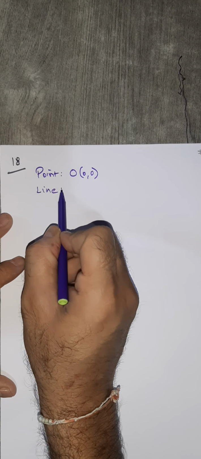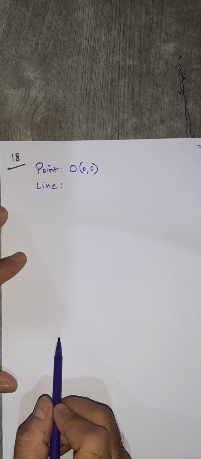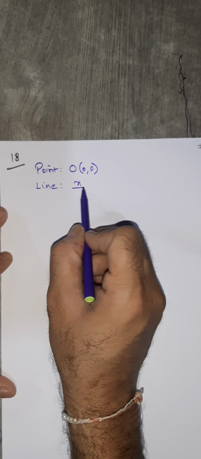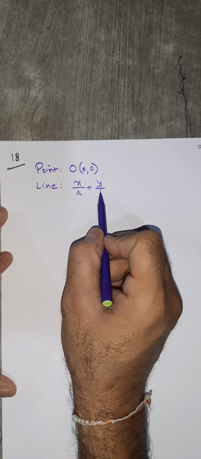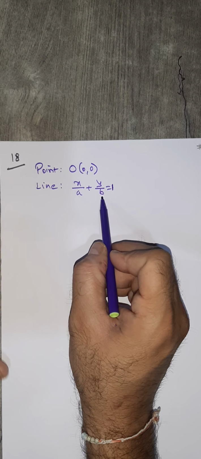What will be the equation of the line? Your ready equation you are not given. Can you recall? The line whose intercepts on the axes are a and b is x upon a plus y upon b equals 1, a very standard form.